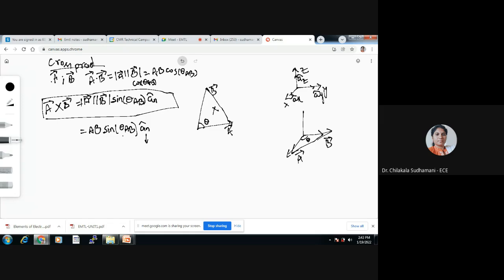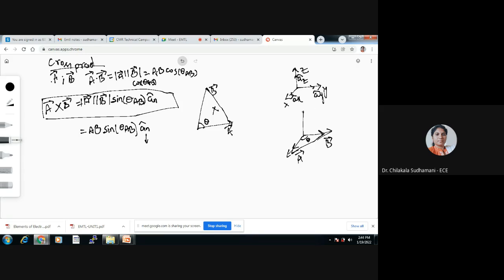So A bar cross B bar formula is AB sine theta AB into AN. AN is the unit vector normal, or perpendicular, to the plane of the given two vectors. What are the given two vectors? A bar and B bar. A bar is along the x-axis and B bar is along the y-axis.